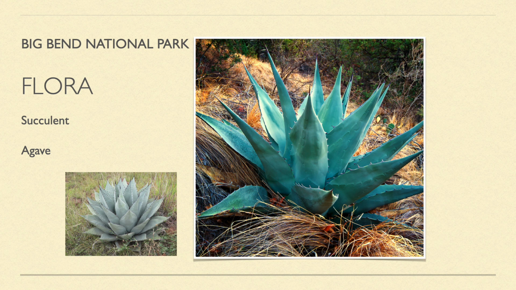Interesting fact. There are 11 species of agave in Texas, and 3 of these species are found in the national park. Another great fact about agave plants is that the juice liquid from inside the agave plant can actually be used as a sweetener. It's a healthy alternative to sugar in a lot of food products. You might even have some in your kitchen.